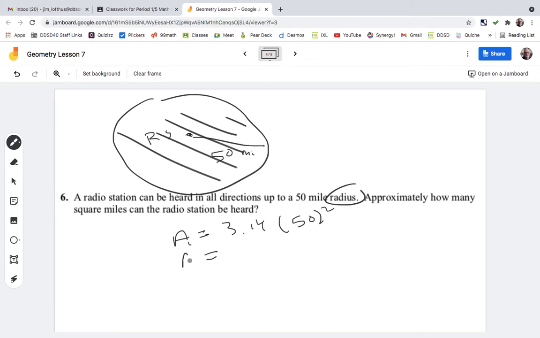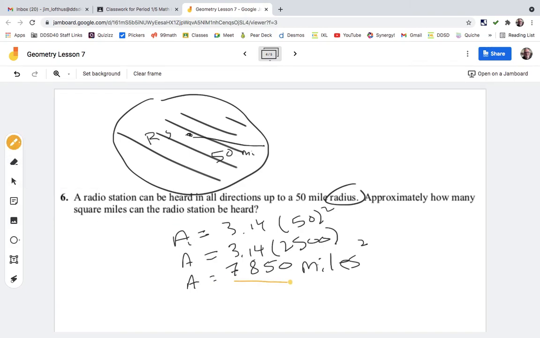So the area is 3.14 times 2,500. And so the area is 7,850 square miles.